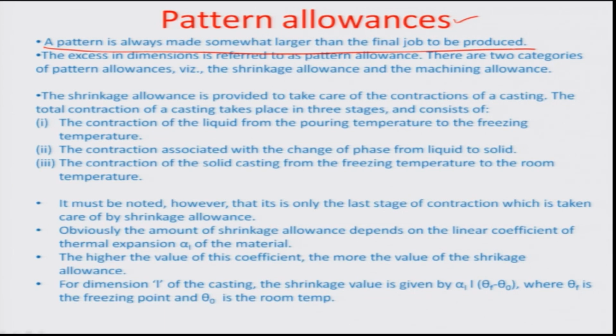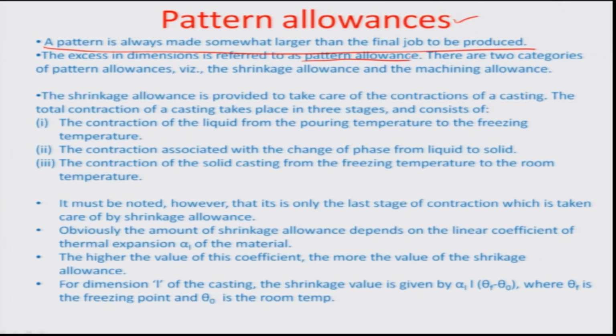In an ideal case, obviously, because of a thermal gradient or because of, let us say, a change in temperature, the metal is going to be shrinking. So, such excess dimensions are always called pattern allowances.